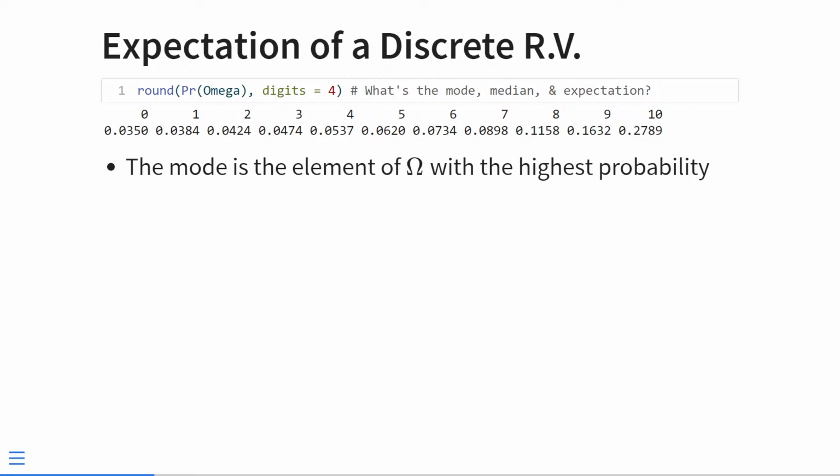Okay, question 2. What is the median for the number of pins knocked down in the first roll of a frame of bowling if these are the probabilities underlying that?